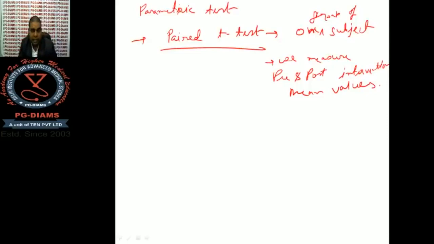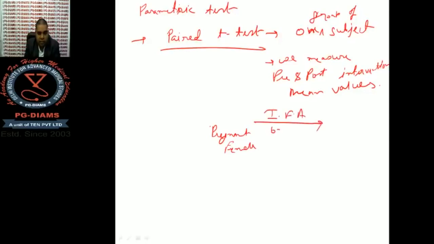Let us understand it with an example. If in a group of pregnant females, you give IFA for 6 months along with an early morning healthy breakfast, and after 6 months you measure the mean HB of the pregnant females. You had measured the mean hemoglobin before the IFA, then again after 6 months.